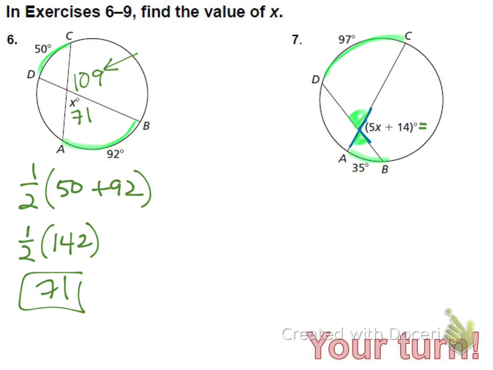Okay. What is 1/2 of 97 plus 35? No, what is the whole answer? 132. No, the whole answer times 1/2. 66. If this angle is 66 degrees, what is the measure of the angle right next door? It is not 66. 114. So I know that 5x plus 14 equals 114.